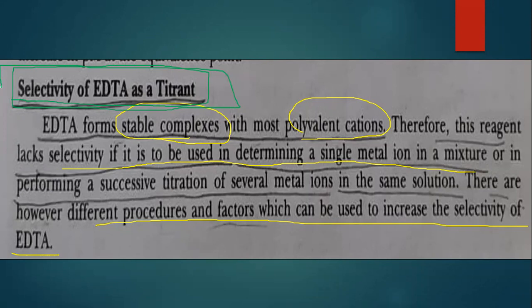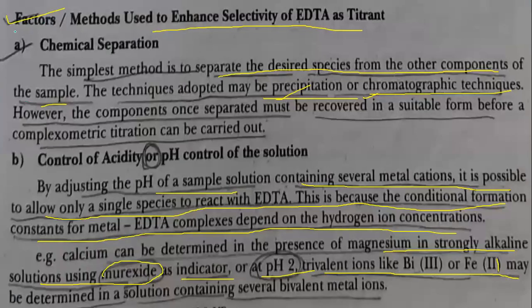The limitation you just came to know: it forms a complex with multiple ions. How we overcome that, we'll see with the help of examples in the next few slides. So see, the factors or methods used to enhance the selectivity of EDTA titrant.